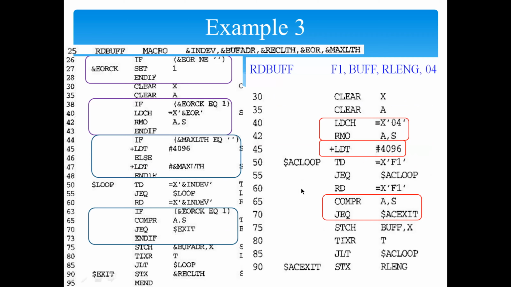So this is one more example. You can pause the video here and try to understand on your own how this macro is expanded when the macro is invoked with the values passed as F1, buffer, R length 4.